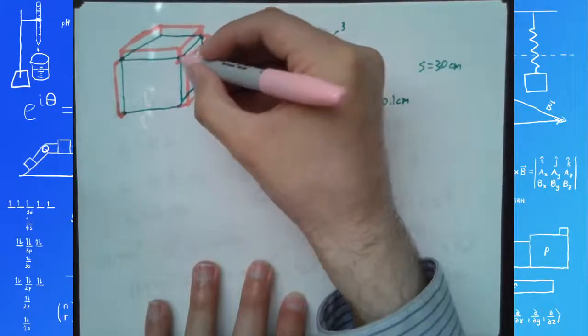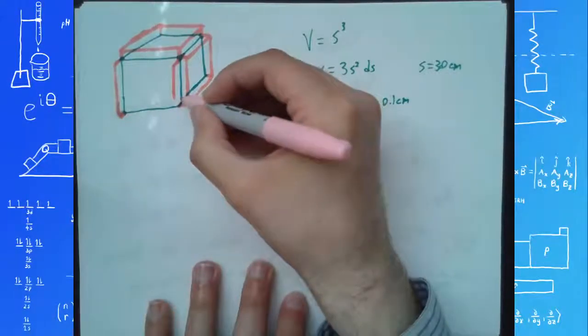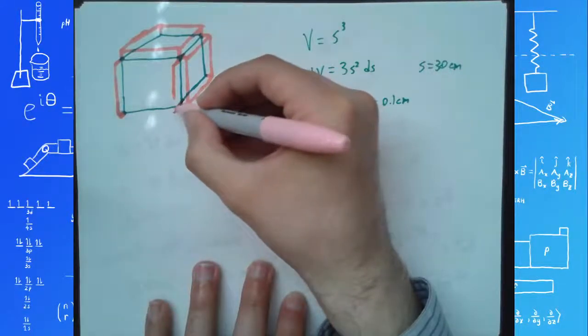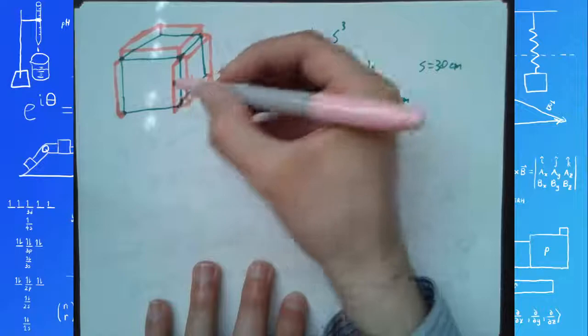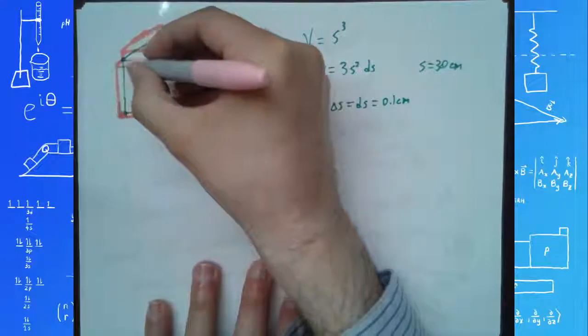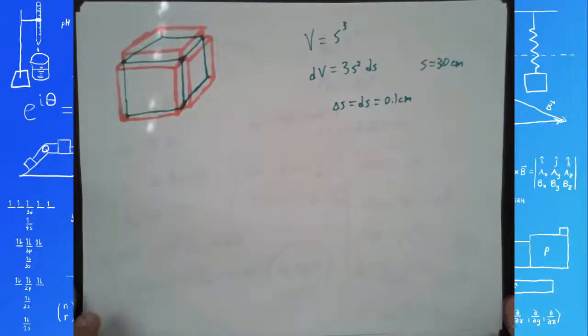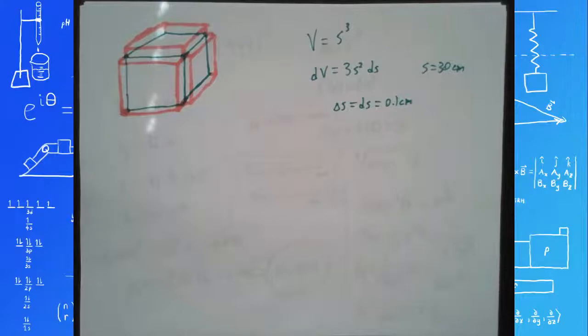Okay, and let's do that. There we go. And then connect those, and then connect those. Okay, there we go. And now you can see why this is not a perfect estimate of the error.